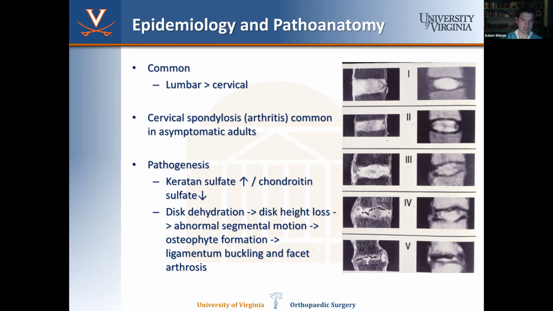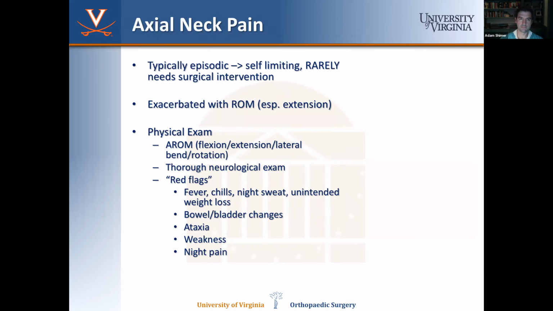You lose disc height, abnormal segmental motion, osteophyte formation, and then in the back you get ligamentum buckling and hypertrophy and facet arthrosis. That's what causes the stenosis: a combination of encroachment from the anterior disc degeneration and osteophyte formation, and posterior ligamentum flavum hypertrophy and facet arthrosis.